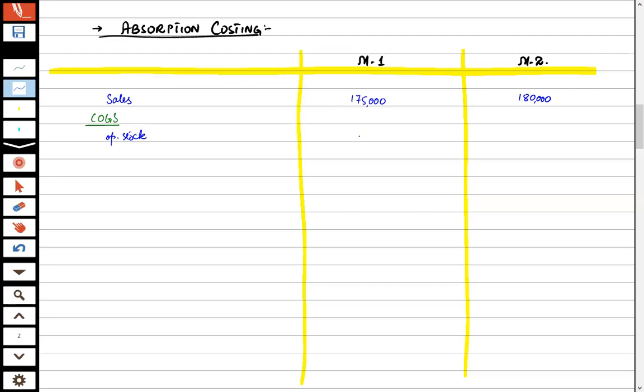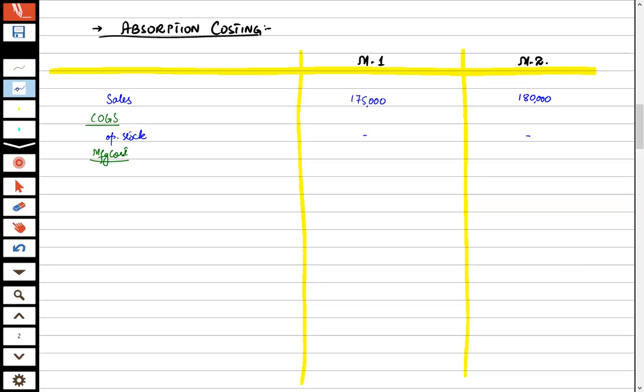Since opening stock is not here in both months, it would obviously be zero. Now, sales less cost of goods sold consists of opening stock, add purchases. We don't have purchases, we have the manufacturing cost, total manufacturing cost.